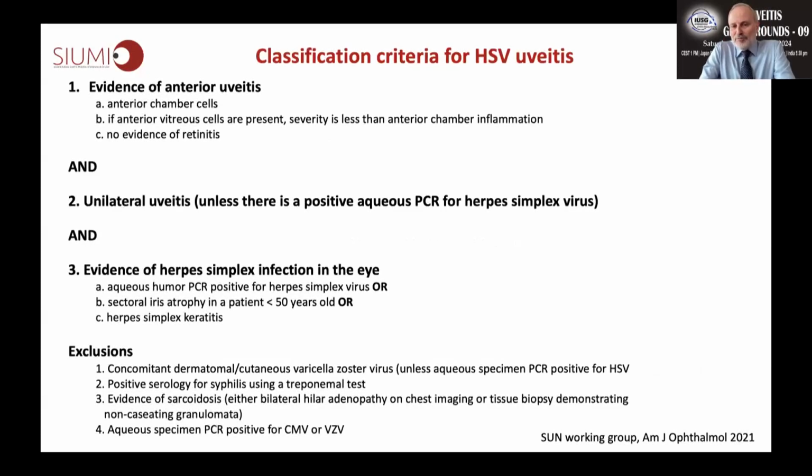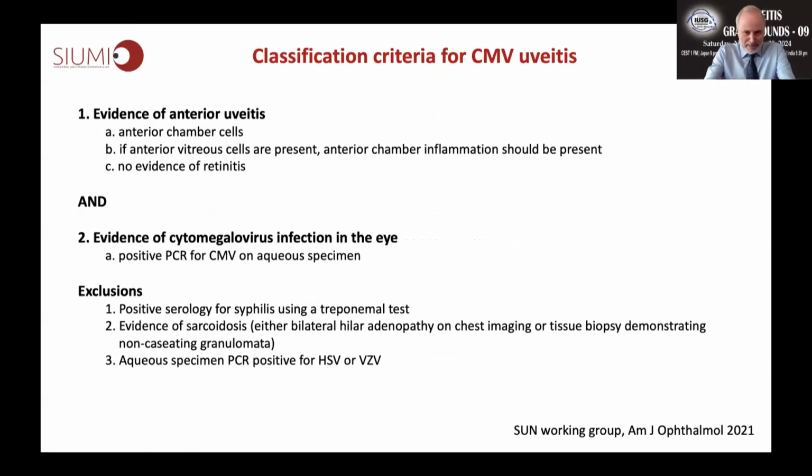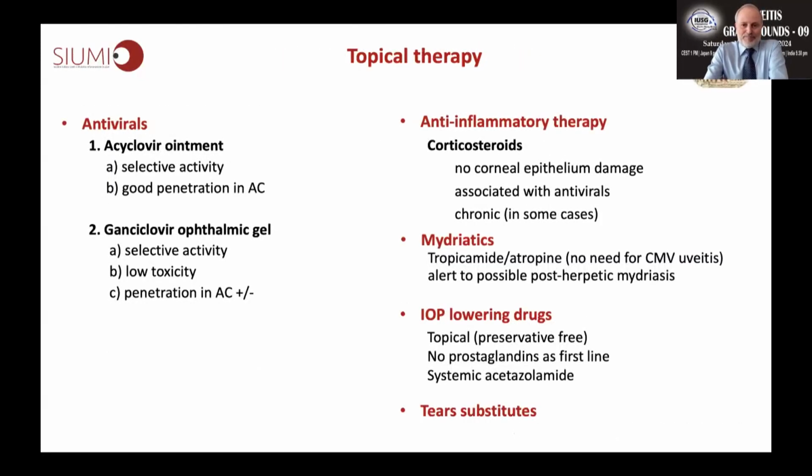These are the classification criteria for HSV and VZV that have been made by the SUN Working Group. I don't want to go into details, but only to show you that if you want to classify an anterior uveitis as due to CMV, as far as this classification criteria is concerned, you have to go into the eye, take a tap, and prove that there is CMV DNA within the eye of the patient.